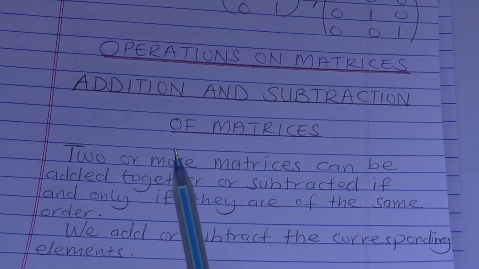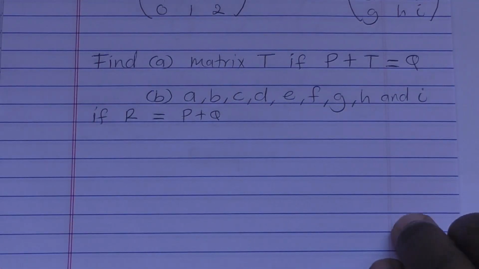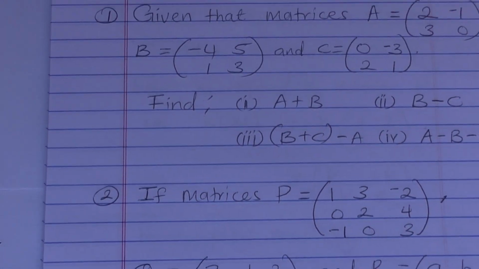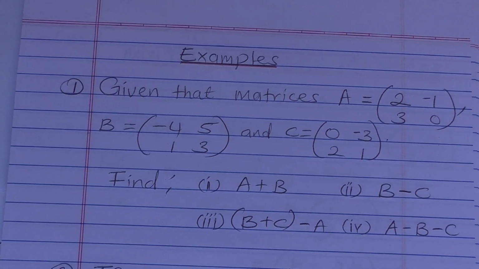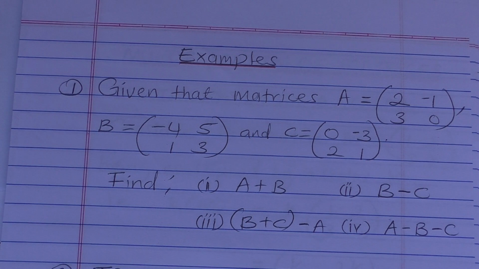Let's take an example. In our example 1, we are given three matrices. We have matrix A, B, and C. If you clearly look at these matrices, they are matrices of the same order, and that order is a 2 by 2 matrix.